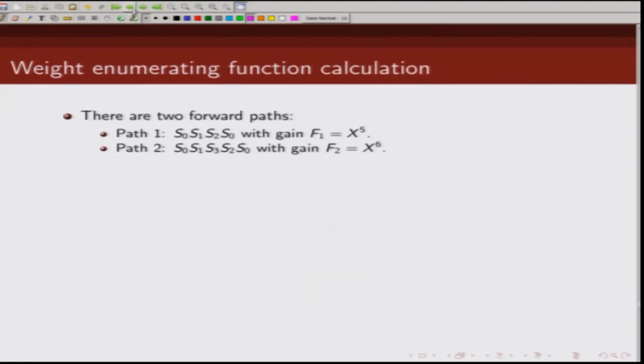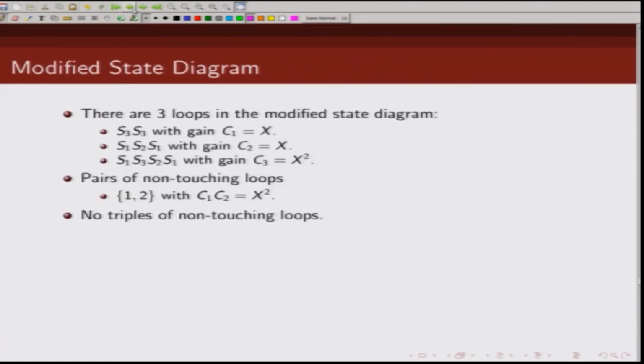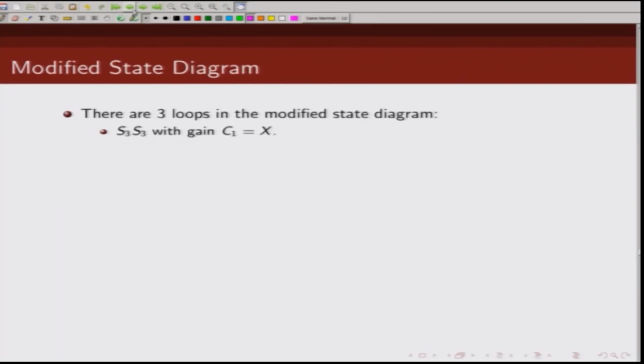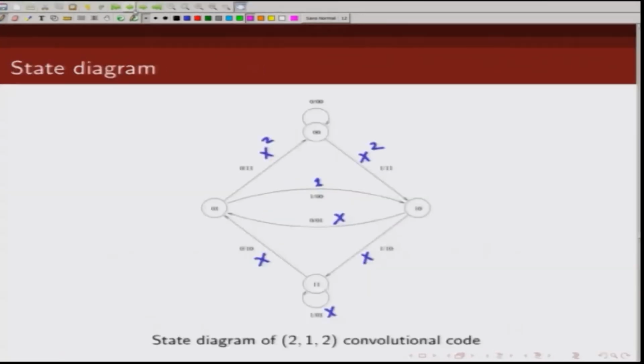Let us go back to the original state diagram. For this transition from 0 1 to 0 0, what is the weight of the information sequence? That is 0, so y^0, that is basically 1.